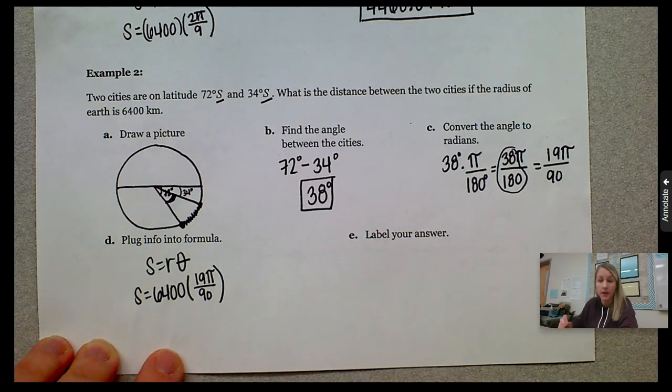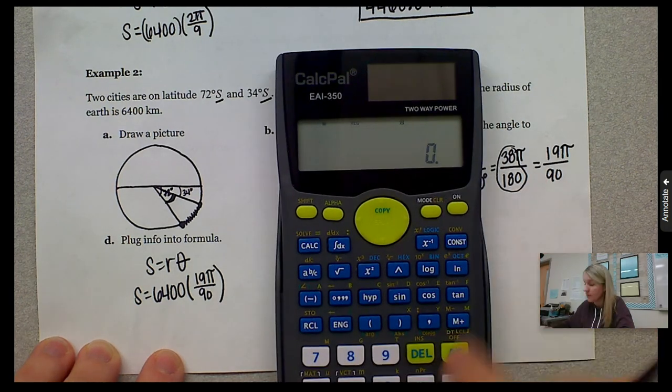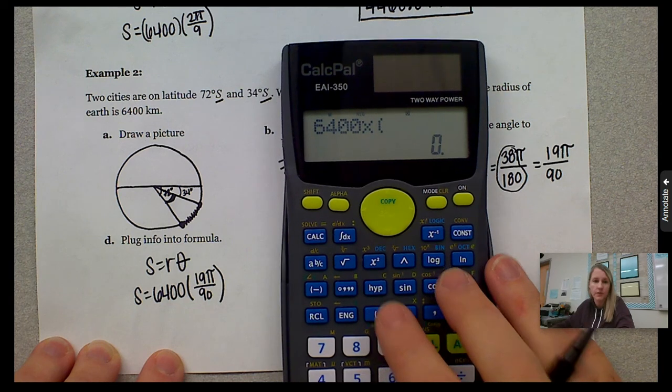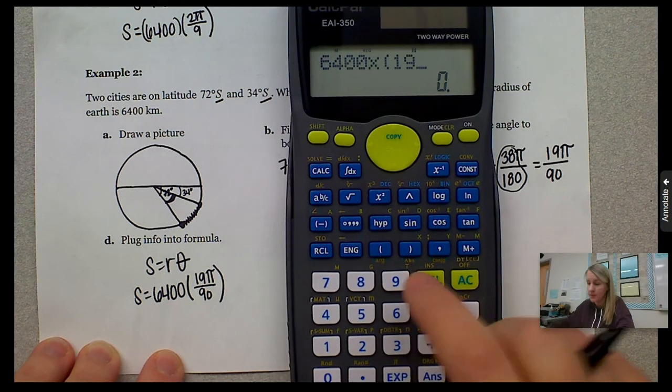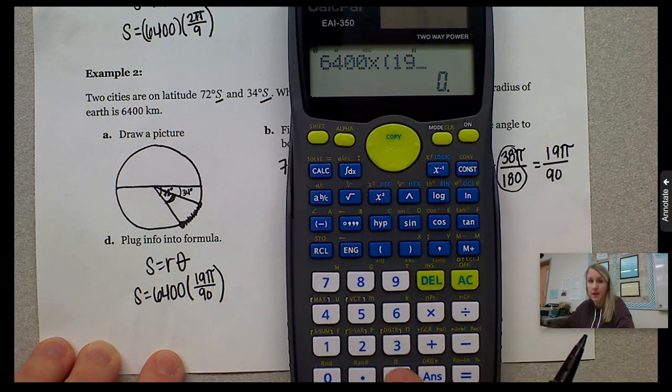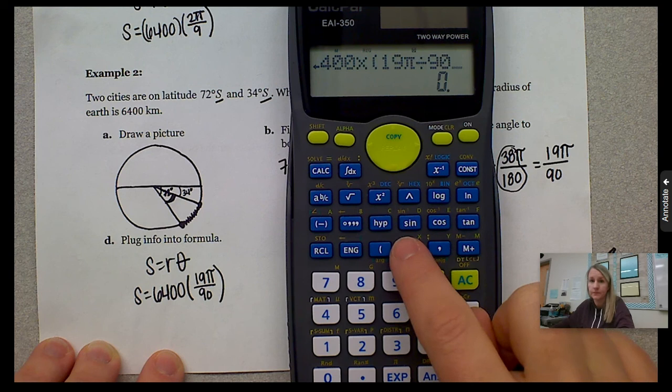And then we just use our calculator. So I'll grab mine again and show you what I'm doing. Clear. So we put in 6,400 times, and I always like to do parentheses when I have that fraction, 19, and I'm going to put in my pi symbol, so I do shift and put in that pi, and I'm going to divide that by 90.